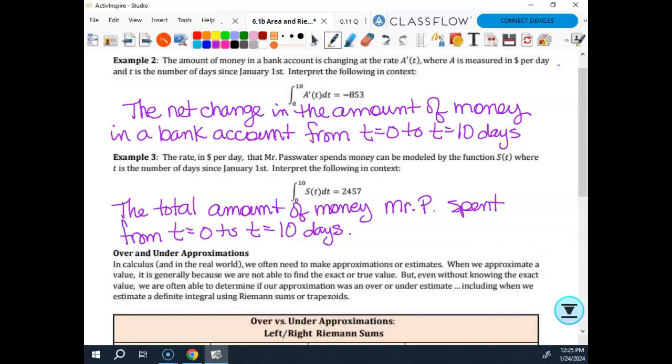Maybe money was only subtracted. But the only way we would know that is if we knew that the bank account was 0 on January 1st. Because even if only money was subtracted, there was already money there. Does that make sense? And you had the possibility of depositing and withdrawing money. When you're talking about spending money, you're only going in one direction. Okay? That help? That's a good question.